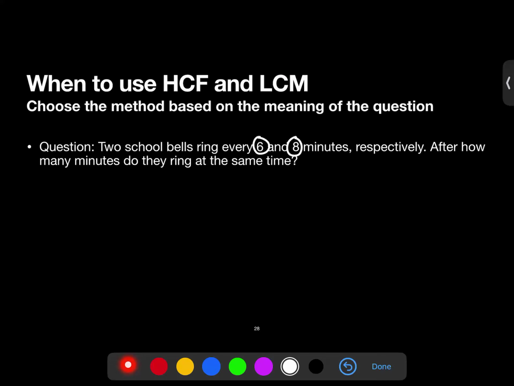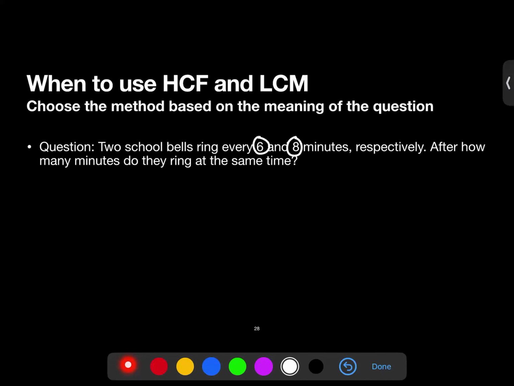Yeah. So we'll see now an example of when we have to use HCF. So this one that we have just done is an example of LCM. So is anyone able to tell me why we have to use LCM for this question and not HCF? Remember the scenarios here.